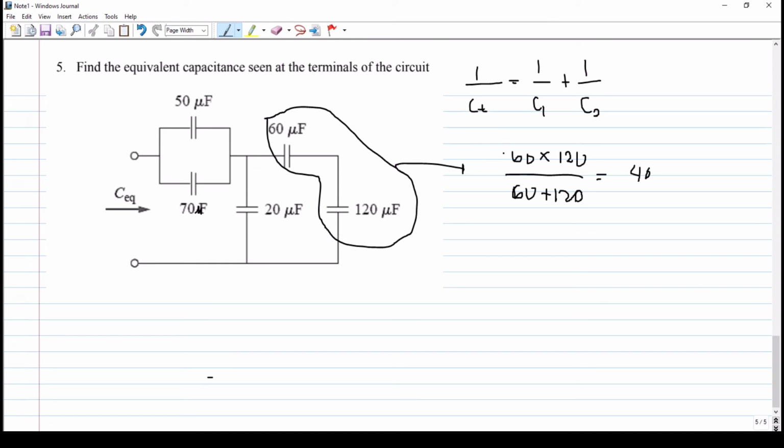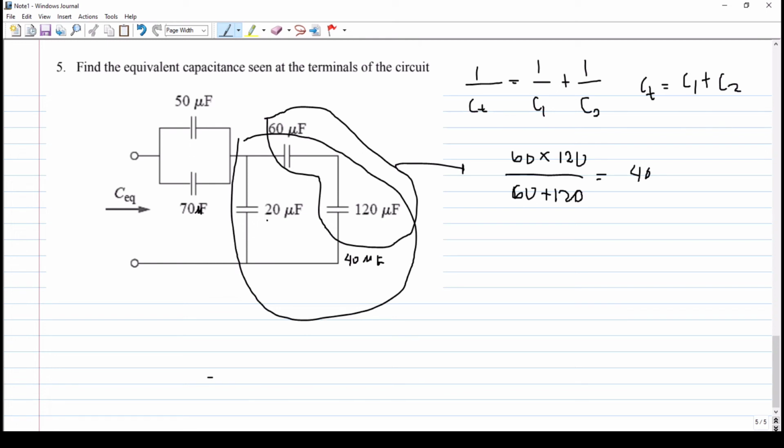So this equivalent capacitance is 40. So take note also that for parallel capacitors, the CT is equal to the sum of C1 plus C2. Okay. So therefore, this is 40 microfarad. So in this branch, it is 20 plus 40, that is 60 microfarad.